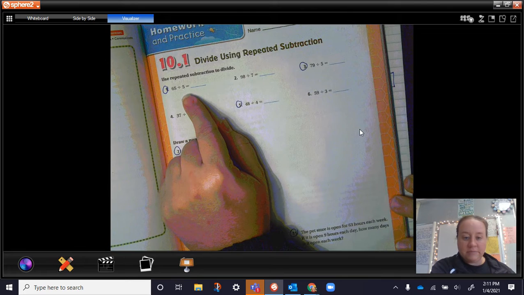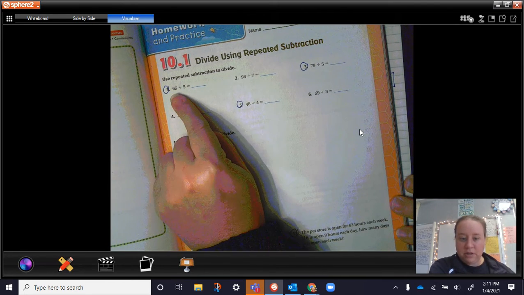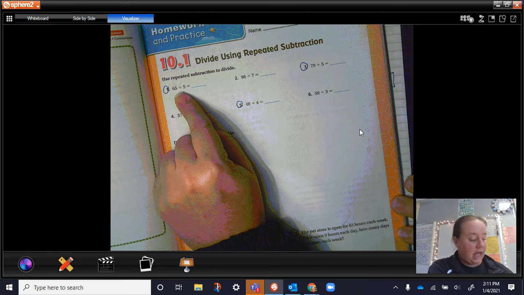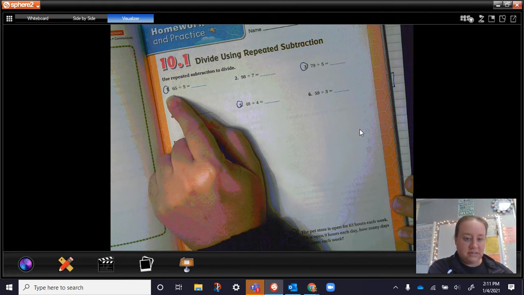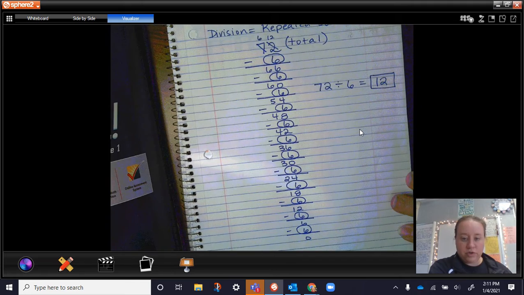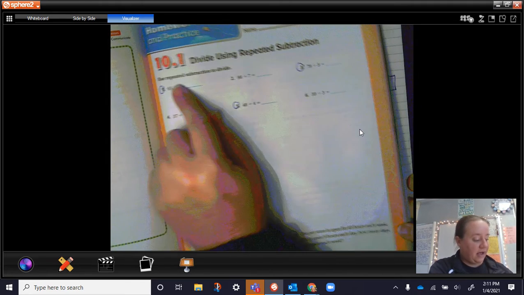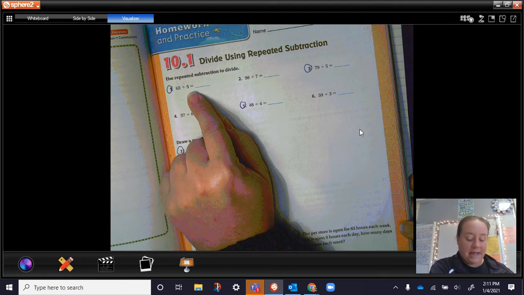So here, 65 divided by 5, this larger number is your total. The second number is going to be how many is in your group. So I'm going to take 65 beans if I'm going to use my beans. Or you could do it like we did here with the notebook, where you would start with that 65 and each time you're subtracting 5, and you're going to see how many groups of 5 you could pull out from there.